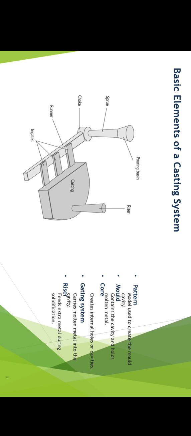Core is used to create internal holes or cavities when needed. The gating system is the path that carries the molten metal into the cavity. Riser acts as a reservoir for the molten metal and compensates for the shrinkage produced during solidification.